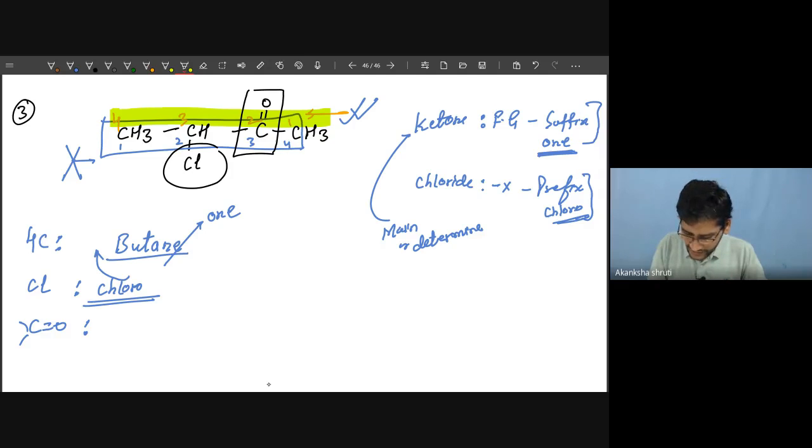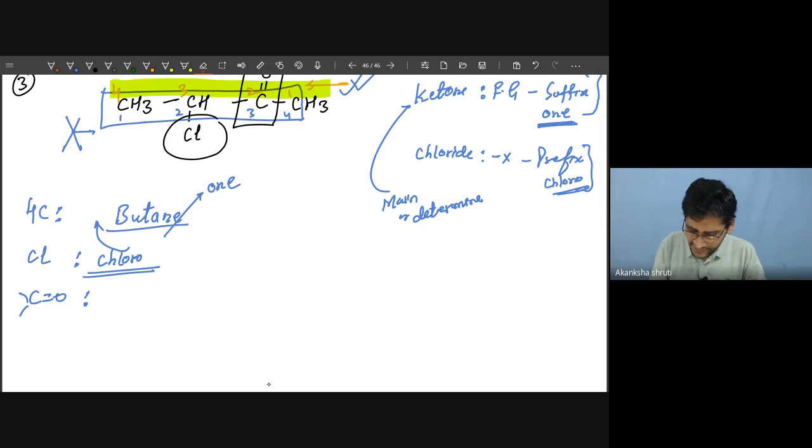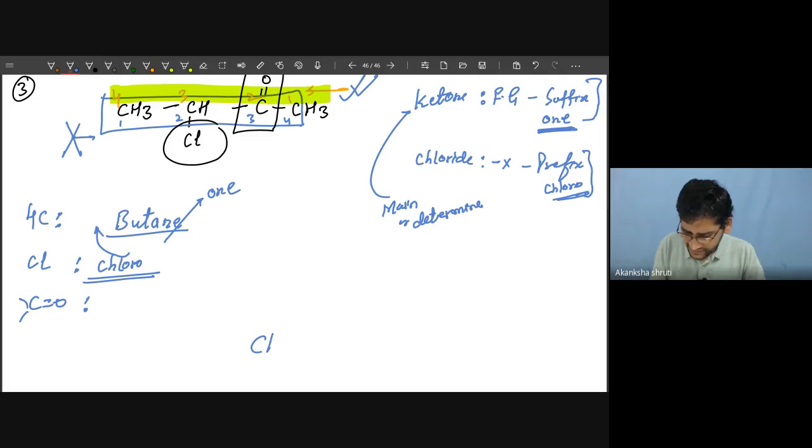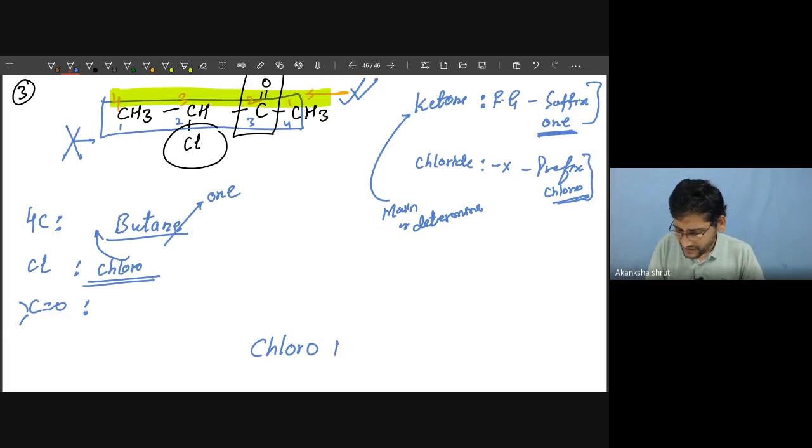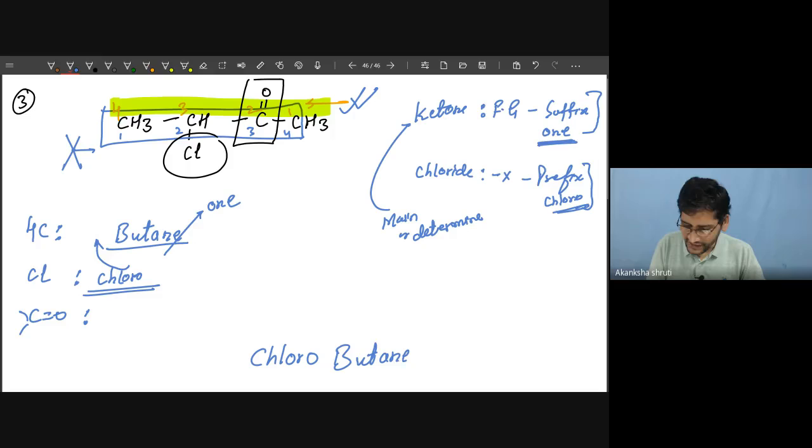So the chlorine should be considered as chloro, and the bigger carbon chain gives us butane, but E should be replaced by ONE.